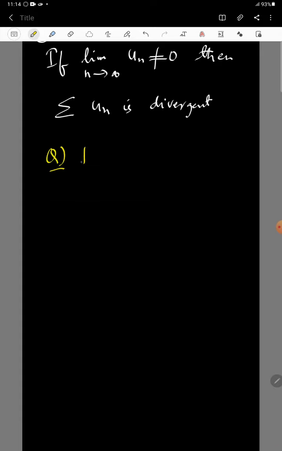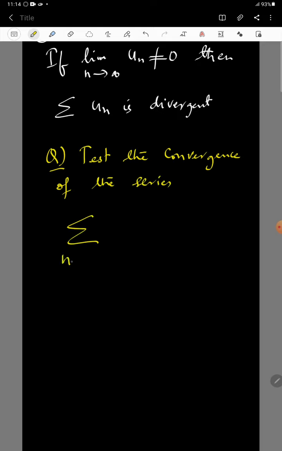Question: test the convergence of the series sigma n equal to 1 to infinity n by n plus 1.